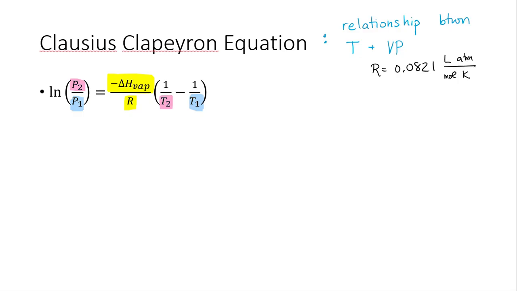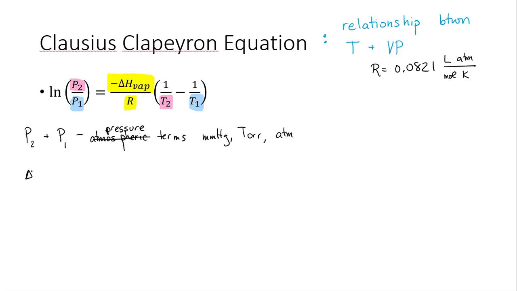Here's the problem though. Our vapor pressures, P2 and P1, are going to be in normal pressure terms: millimeters of mercury, torr, or atmospheres.